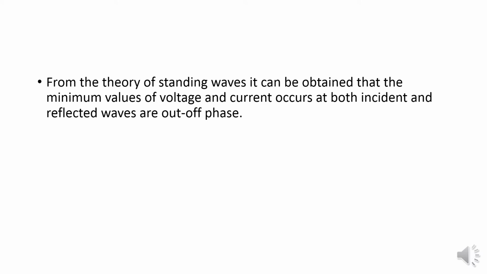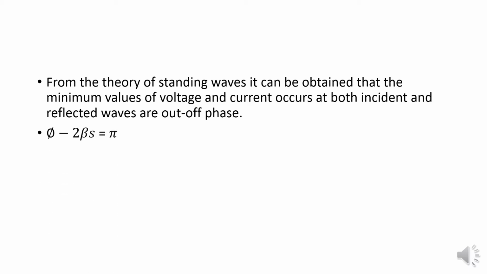Next, from the theory of standing waves, the minimum values of voltage and current occur when the incident and the reflected waves are out of phase, where pi minus 2 beta S will be equal to pi.